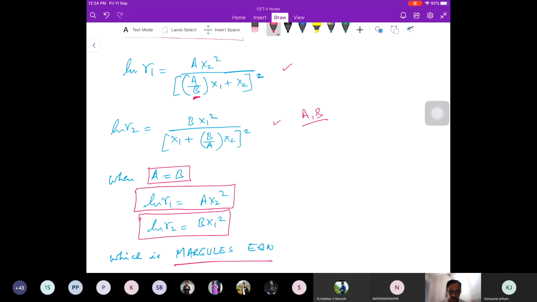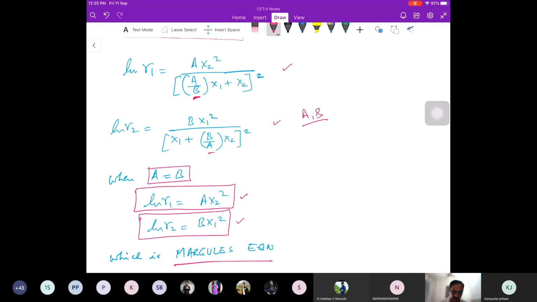So denominator becomes 1. So what you get is ln gamma 1 is equal to ax2 square. Similarly, if a is equal to b, this becomes 1. And what is denominator now? One. So denominator becomes 1. So it is ln gamma 2 is equal to bx1 square.